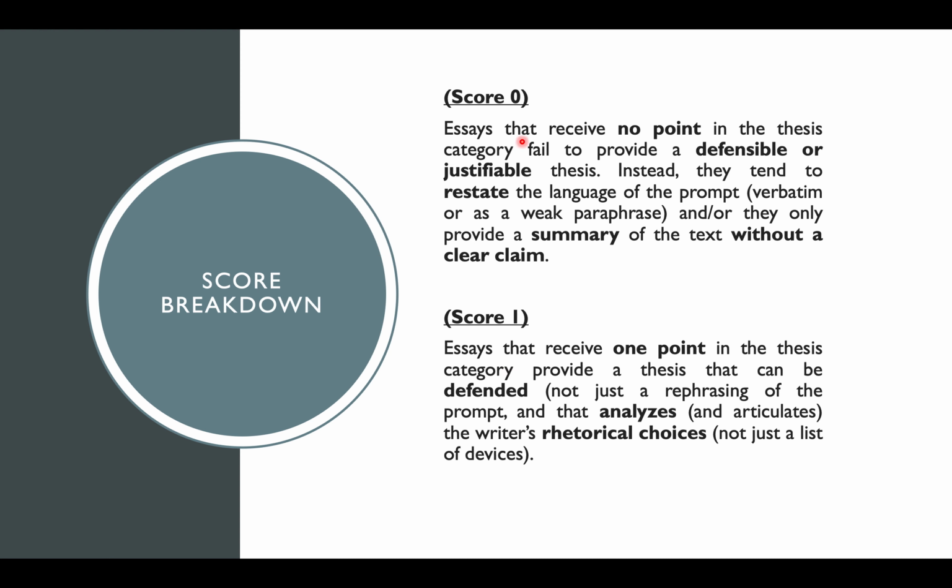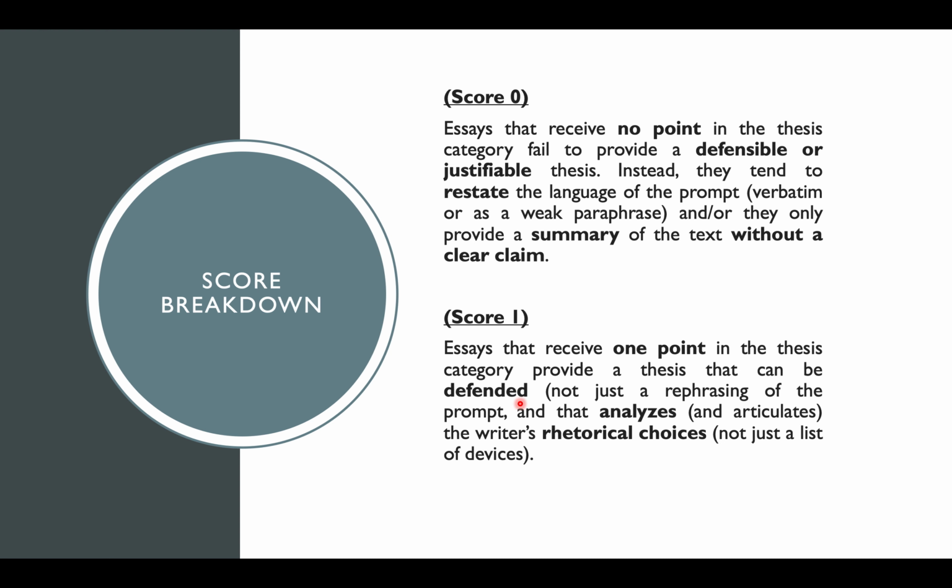A 0 is a thesis that fails to provide a defensible or justifiable idea, an argument. They tend to restate the language of the prompt, often verbatim or a very weak paraphrase, or they simply provide a summary of the text without a clear claim. In order to get a 1, you have to provide a thesis that can be defended.